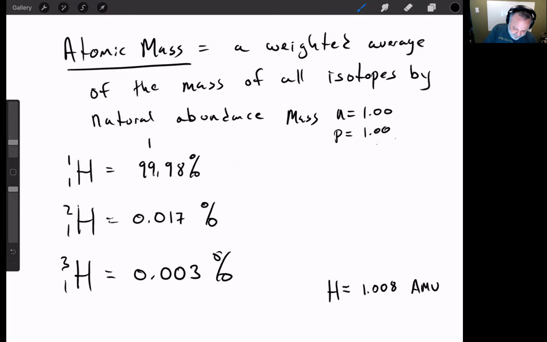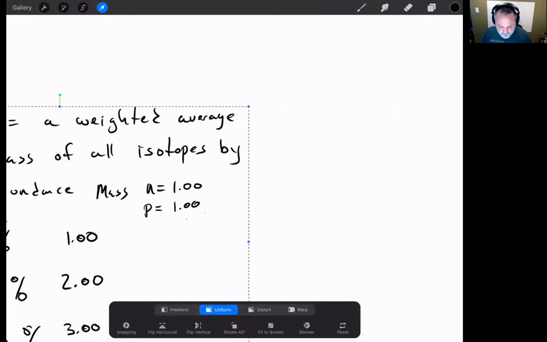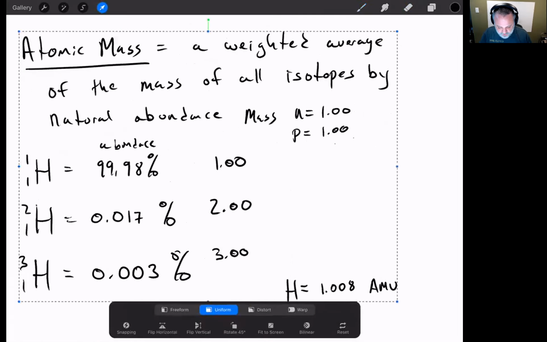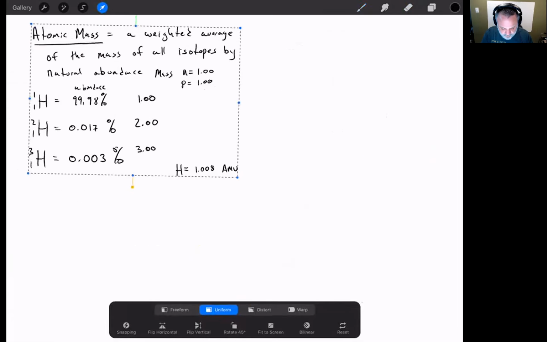This is the abundance. What's the mass of hydrogen 1? The mass is 1. What's the mass of hydrogen 2? The mass is 2. What's the mass of hydrogen 3? The mass is 3.